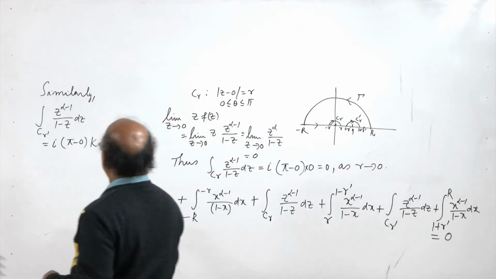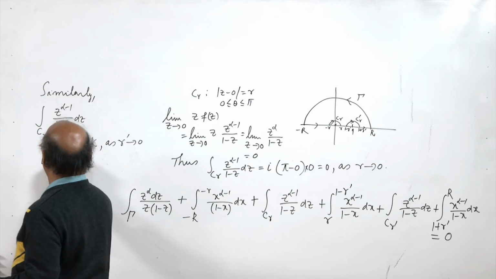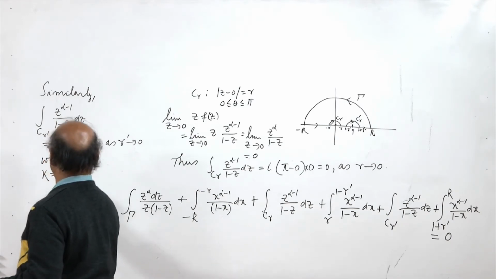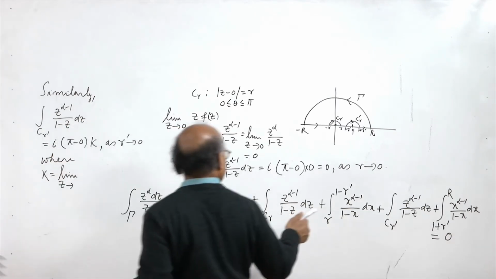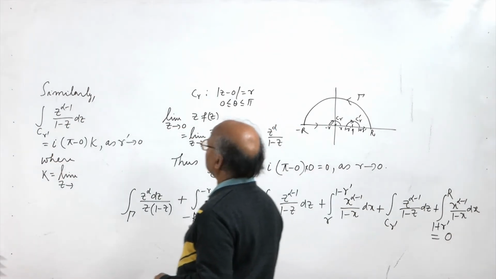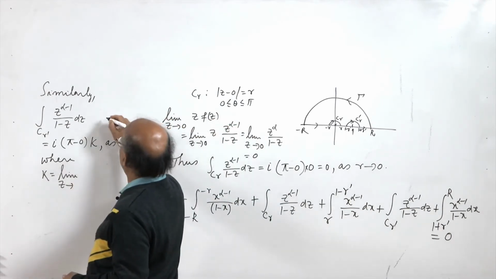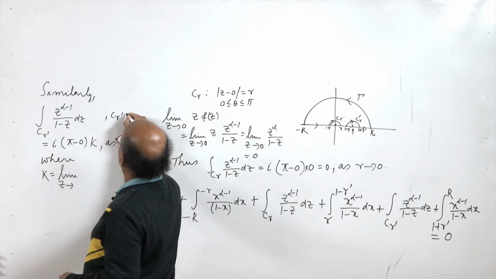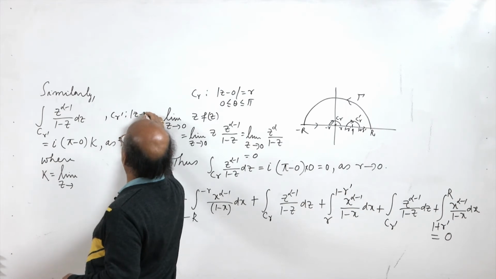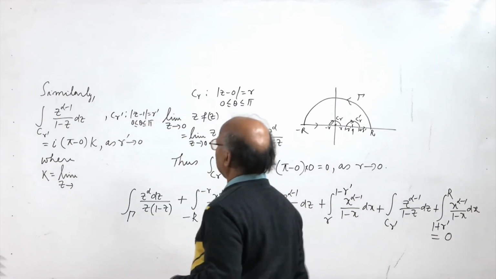Now, let us evaluate k, where k is equal to limit z tends to a. Here the center is at 1, the circle is of radius r dash centered at 1. So, CR dash is mod of z minus 1 equal to r dash, where 0 is less than or equal to theta less than or equal to pi.